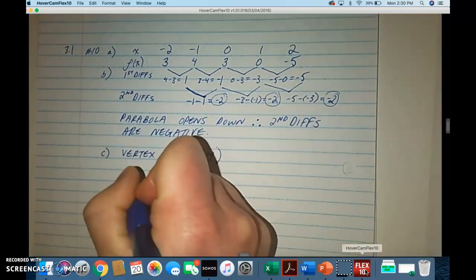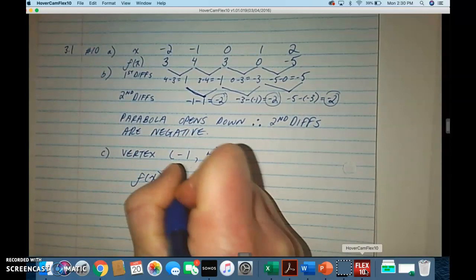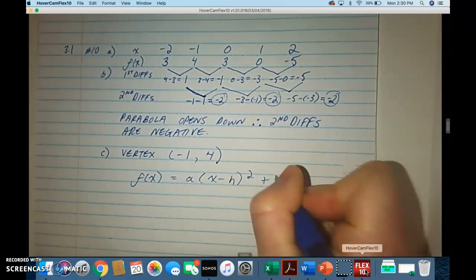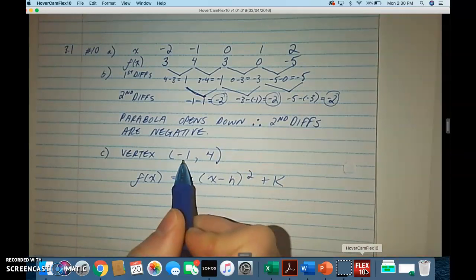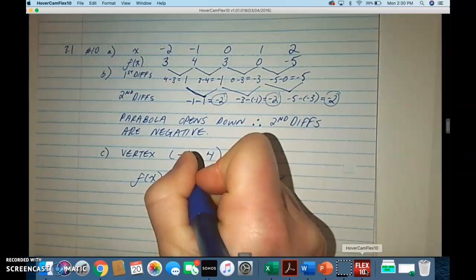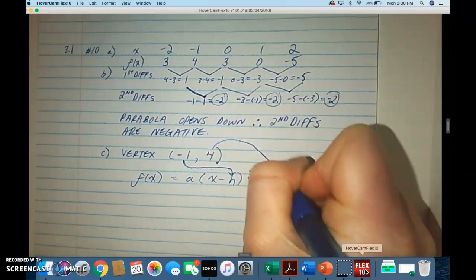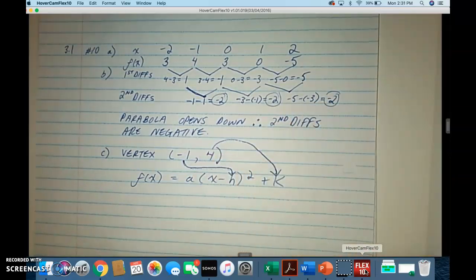Okay, and then the vertex form of a parabola in general looks like this, where h comes from the x coordinate of the vertex and k comes from the y coordinate.